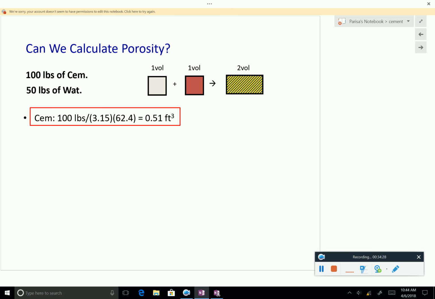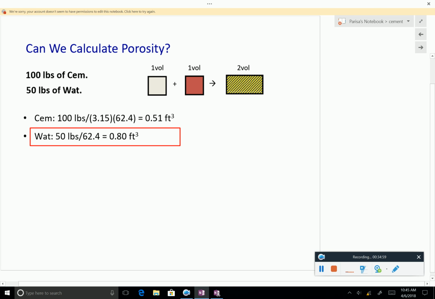Where did I get 3.15 from? Yes, exactly. It's the specific gravity of cement. A few lectures ago, I gave you this number. If it's not given, you can always assume that it's 3.15. So this is the volume of cement.